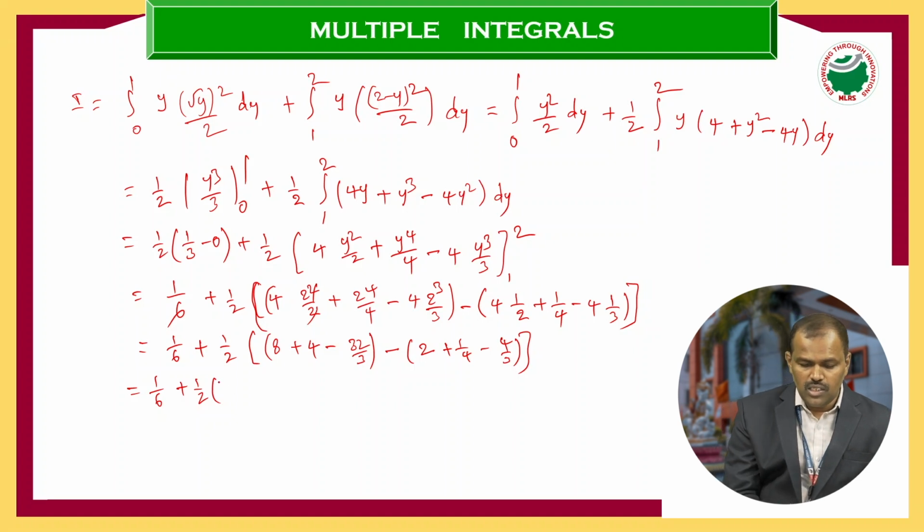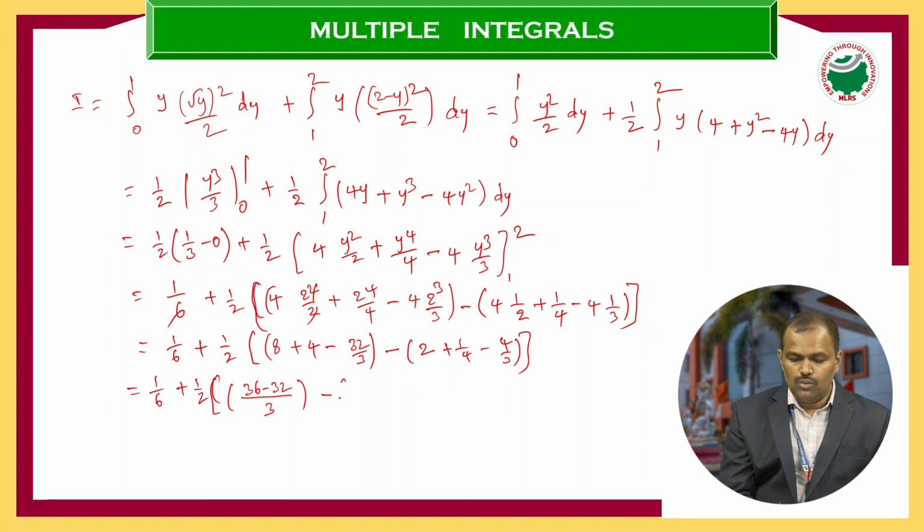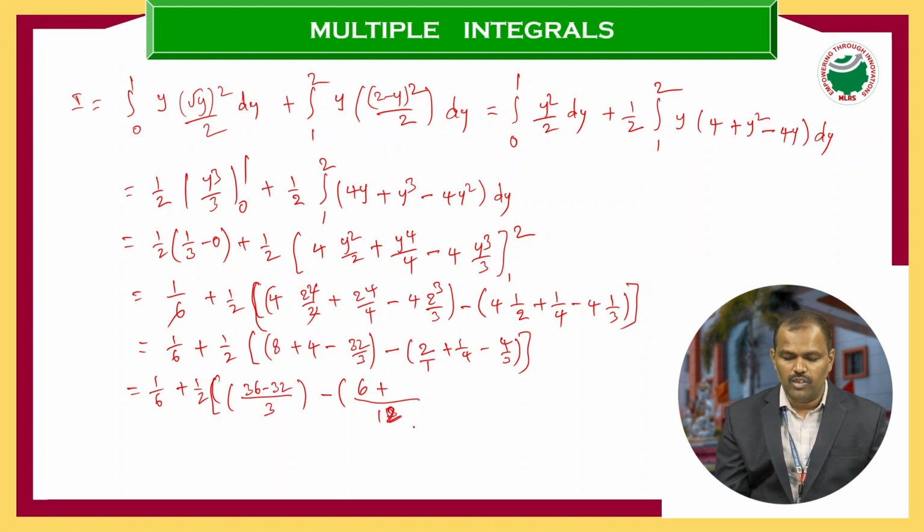If I take the LCM as 3, 12, 8 plus 4, 12, 12 into 3, 36, 36 minus 32. Minus, what about the second term? Here also, 3 2s are 6, this is 1 by 6, plus, and 12 is the LCM because 4 is also there, 4 and 3, 12 LCM.